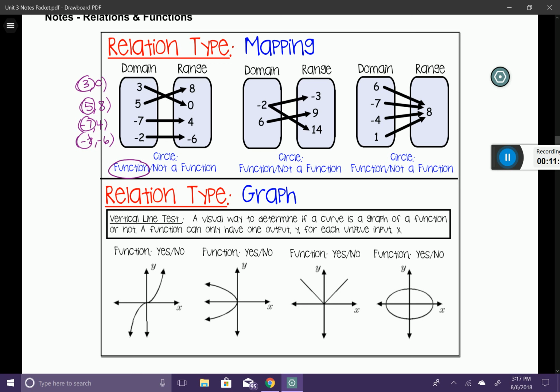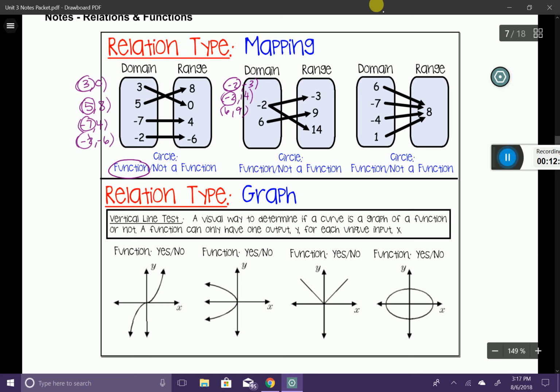Now let's look at the second example. If you look at this, it says -2 is going to -3. Do you also see that -2 is going to 14? And then we also, of course, have 6 going to 9. Therefore, we can see that 2 of the x values are going to different values of the y, or of the range.